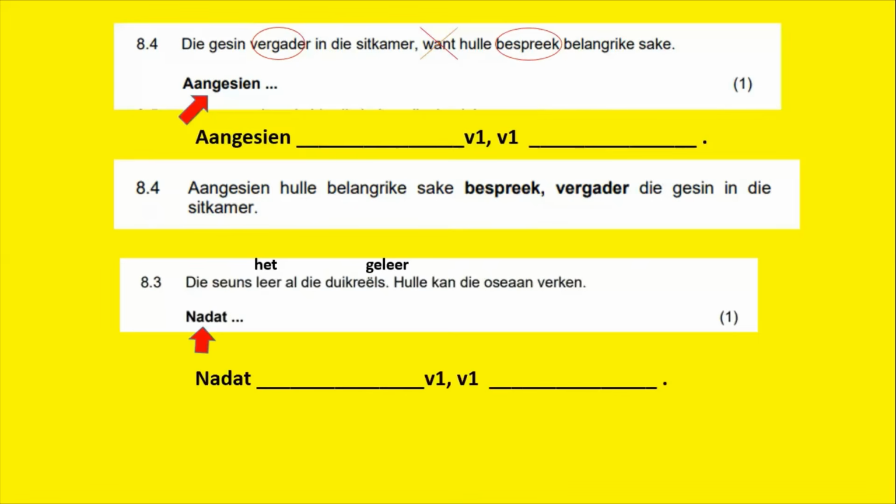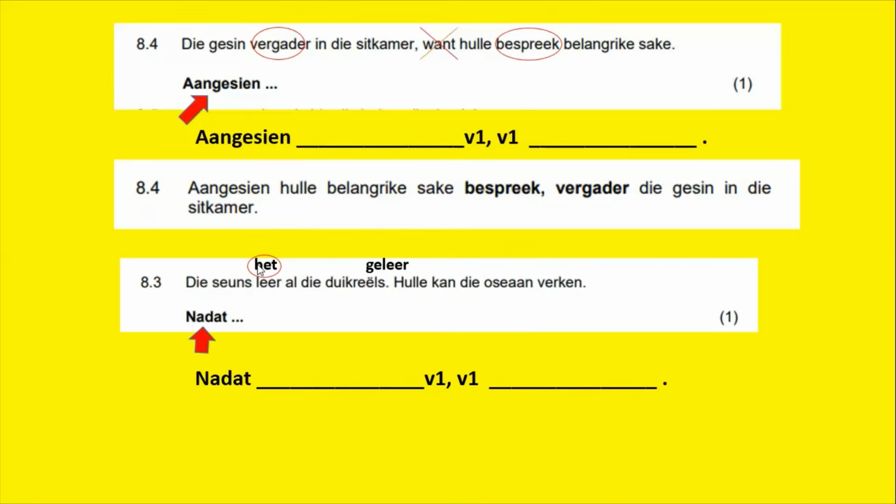Now remember the format. Okay, we have our voegwoord nadat sentence. Verb 1 of the first sentence will go here at the end. And then verb 1 of the second sentence will go after that, first. So let's see. What is verb 1 of the sentence? It is het. What does that mean? Het is going to go last, at the end.